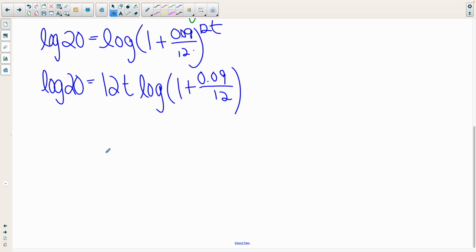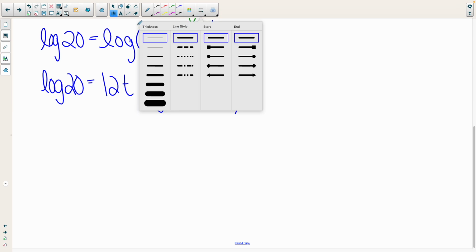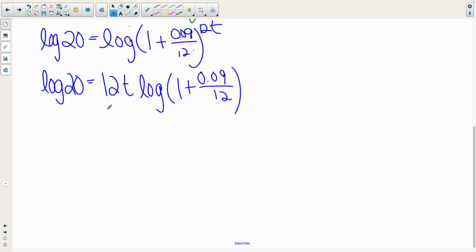So I can divide out whatever I need. So I'm gonna divide out 12 log of this thing from both sides. And that will leave me with just t on the right, or even though I'm gonna move it to the left. And then I can put it on my calculator. So 12 log of this thing.